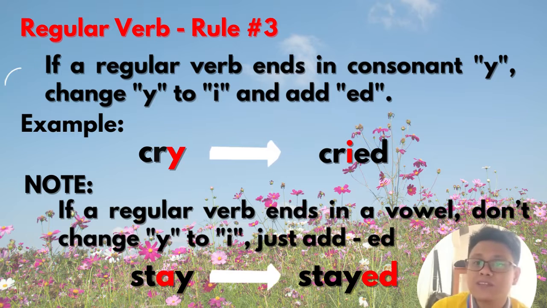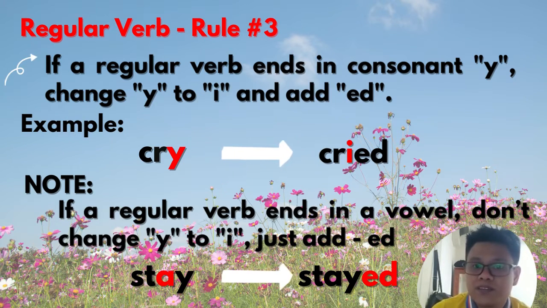In this part we don't need to change the Y into I, we just need to add ED. Stay, stayed. So there is a difference in this rule number 3. So take note.